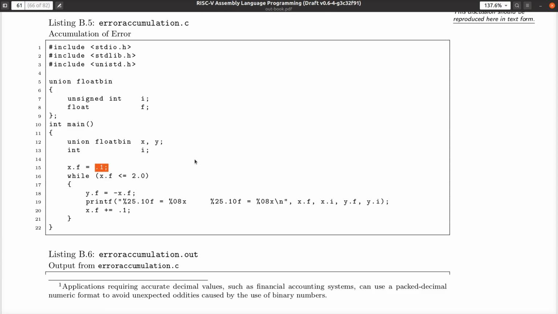Okay, and we'll see that in a second. So what happens is I set my x variable to a value that cannot be accurately represented, and then I go into this loop and I continuously add a value that cannot be accurately represented to it.